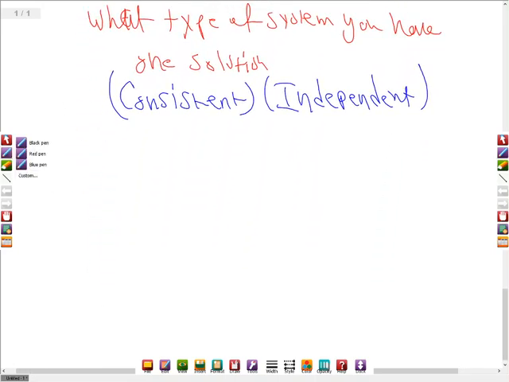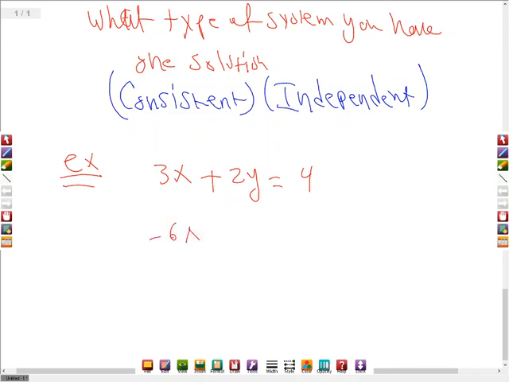Okay. Another example. 3x plus 2y equals 4. Negative 6x minus 4y equals 2. Now let us eliminate x.